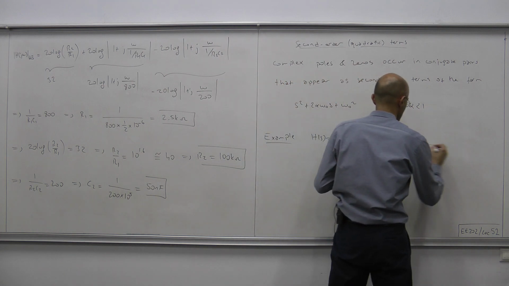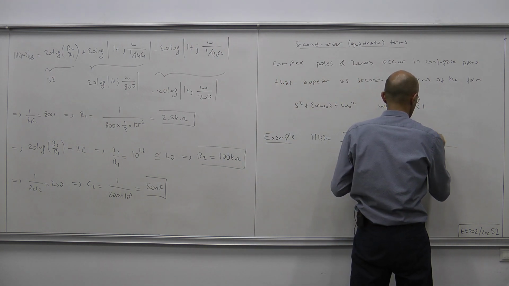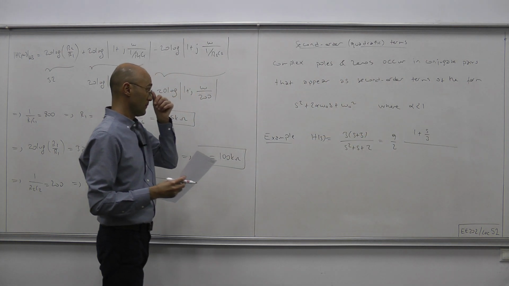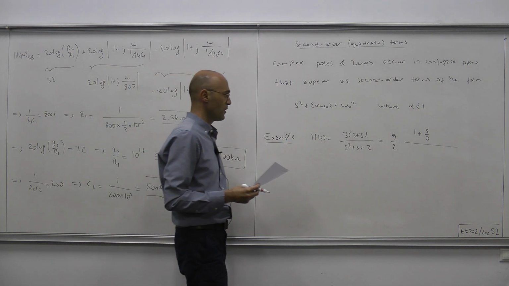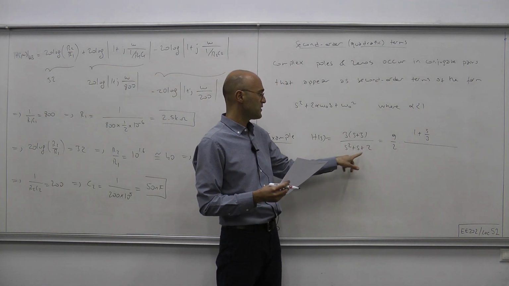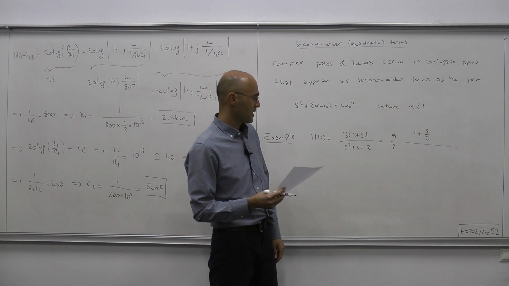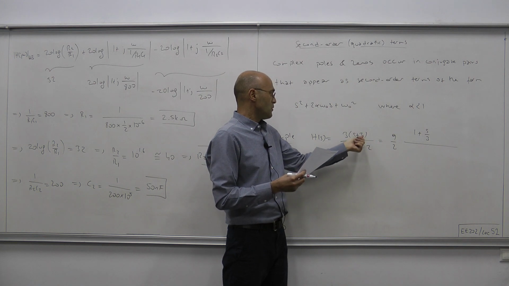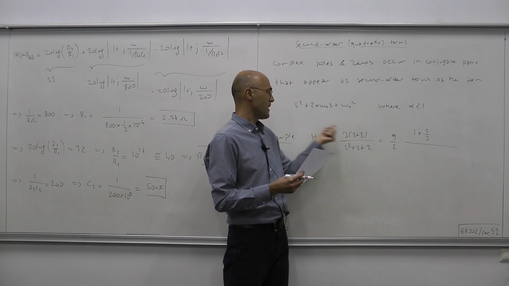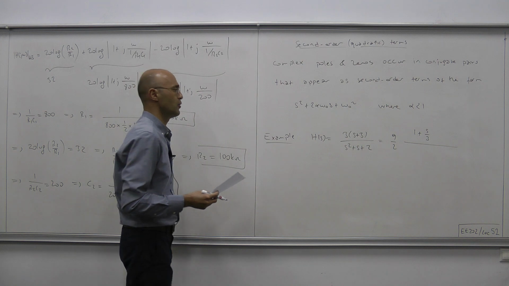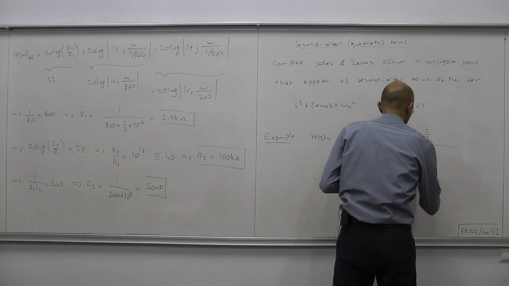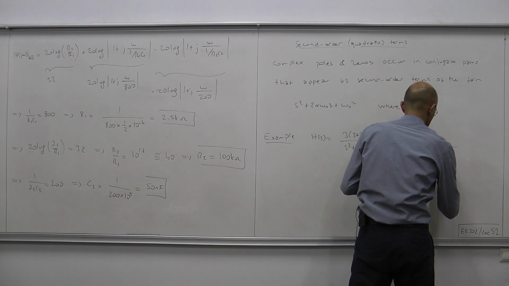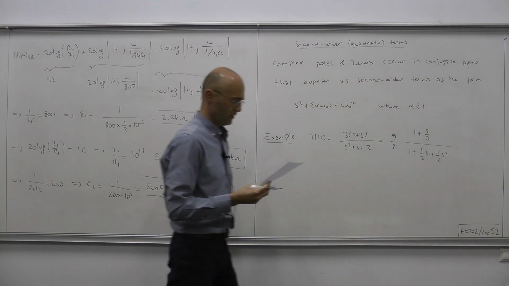In this case, we have 1 plus s over 3 for the zero at minus 3. As for the denominator, we take this 2 out and we take 3 times 3, 9 out, and that produces 9 over 2. In the denominator we have 1 plus 1 over 2 s plus 1 over 2 s squared.